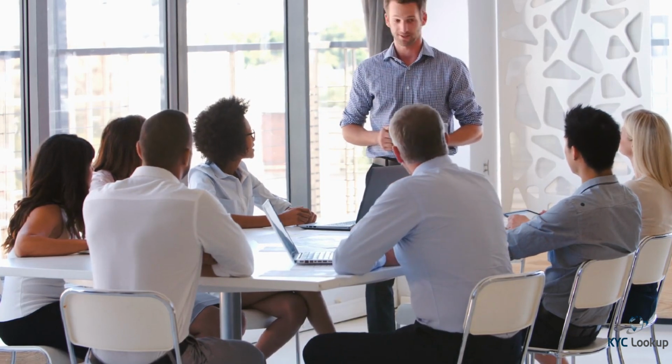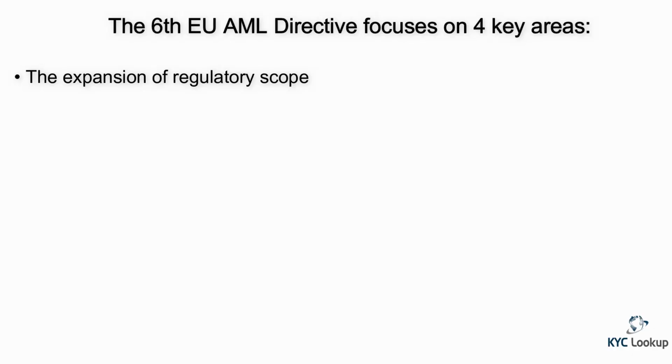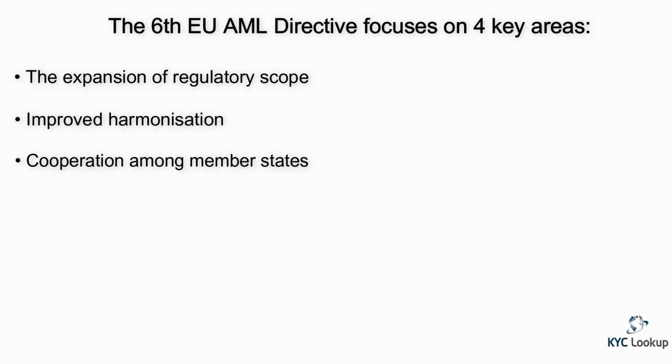There are 4 key areas which the 6th EU AML Directive focuses on: the expansion of regulatory scope, improved harmonisation, cooperation among member states, and stricter criminal penalties.